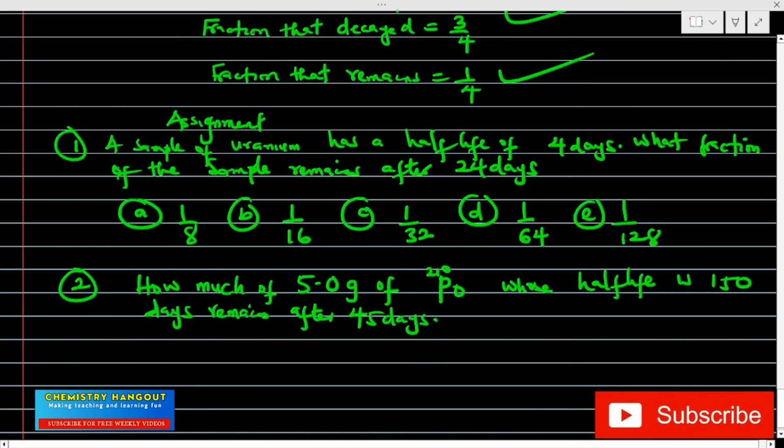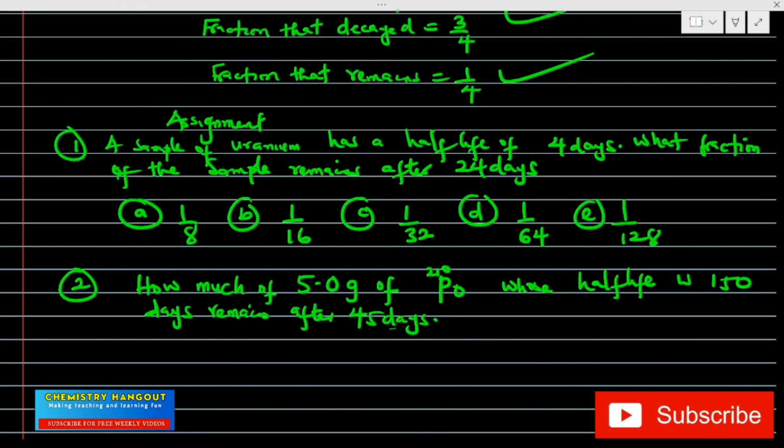So they started with 5 grams of polonium, the half-life is 150 days, and the time is 45 days, right? How much of 210 polonium whose half-life is 150 days will remain after 45 days?